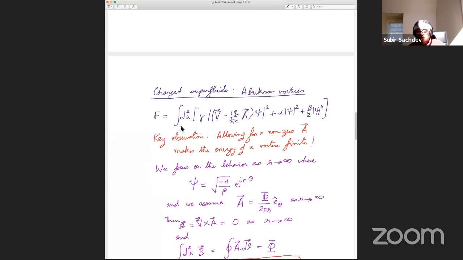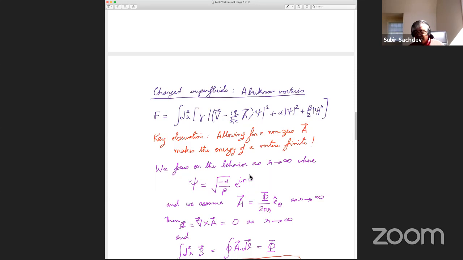Okay, so we're going to try to do the same thing here in the presence of a vector potential. So we make an ansatz that psi is some f of r times e to the i n theta. The basic point you can already see by going to r going to infinity. So let's even forget, just go to very large R and assume at large R there's some winding in psi. That costs some energy normally because of the grad psi term.